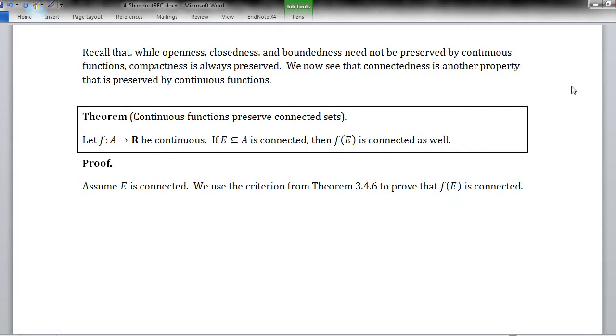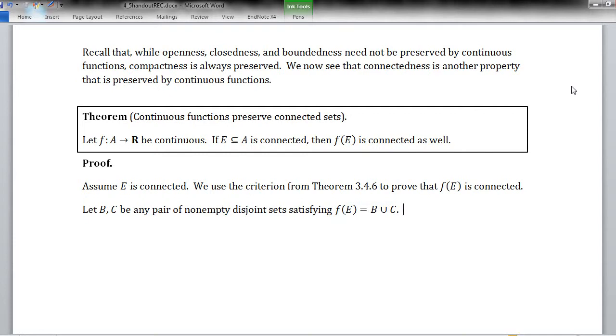Okay, so what did that criterion say? Well, basically you're supposed to let B and C be any pair of non-empty disjoint sets. Disjoint means that they don't have any overlap, their intersection is empty, satisfying that f of E is the union of B and C. So basically you're taking f of E and breaking it up into two non-empty pieces.